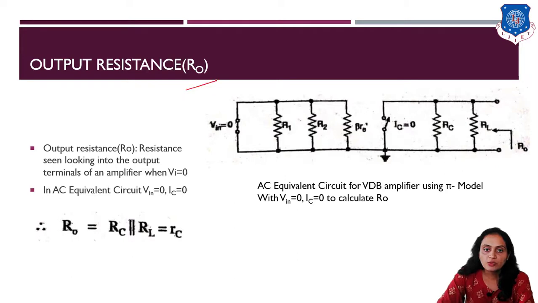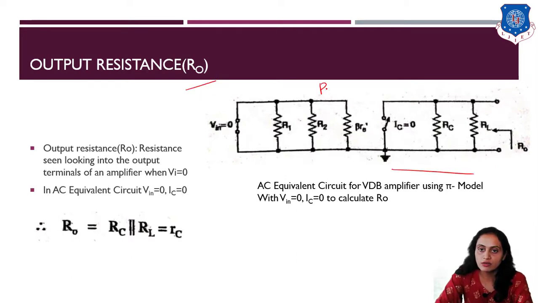Now we will see the output resistance, and for that the collector portion is shown. This is the base, this is the emitter which is grounded, and this is the collector. And output resistance is the resistance looking into the output terminal of an amplifier with Vin, that is the input, being short circuited, that is input is being kept 0.